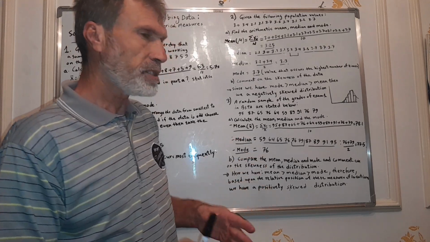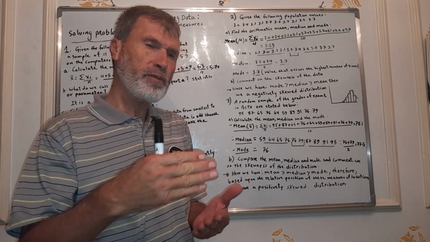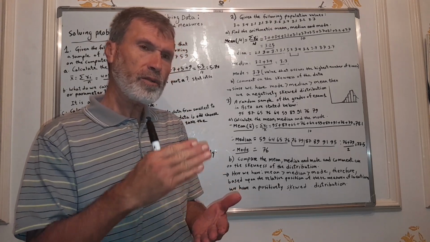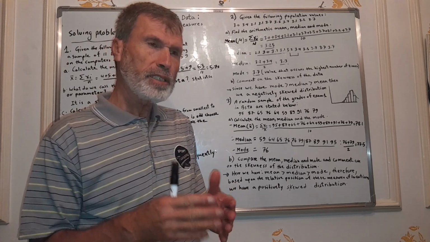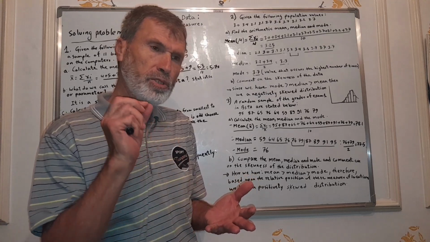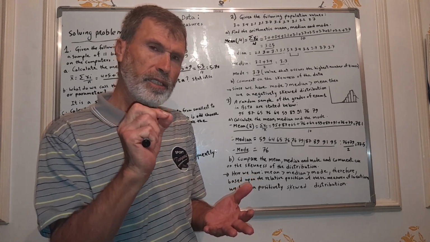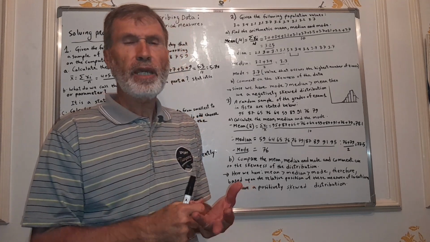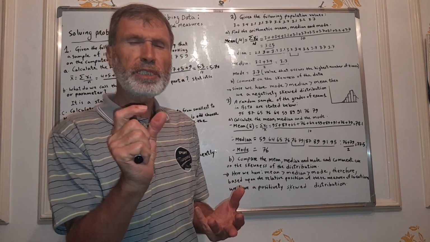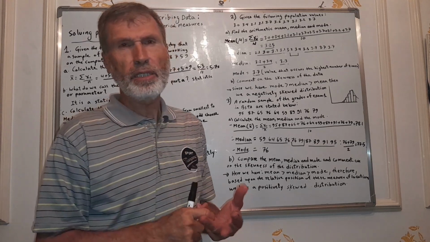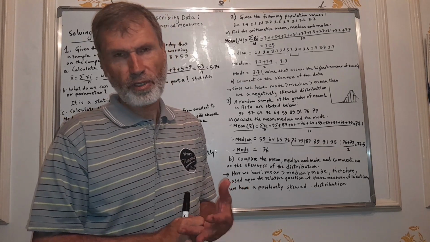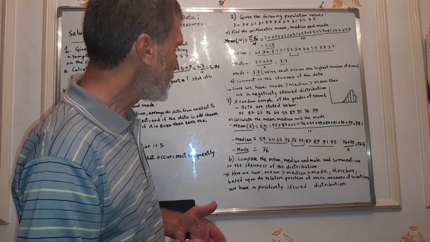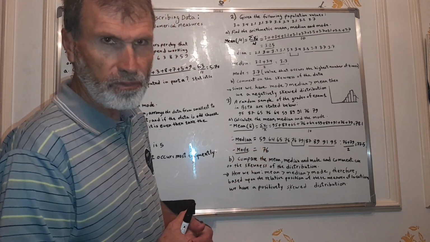Now, the median, as I said, either you arrange the data from the smallest to largest, or from largest to smallest. And if the data is odd, you just select the middle one, okay? And if the data is even, we select the middle two and get the mean of these two observations. So here, as you can see, we have an even number of values.